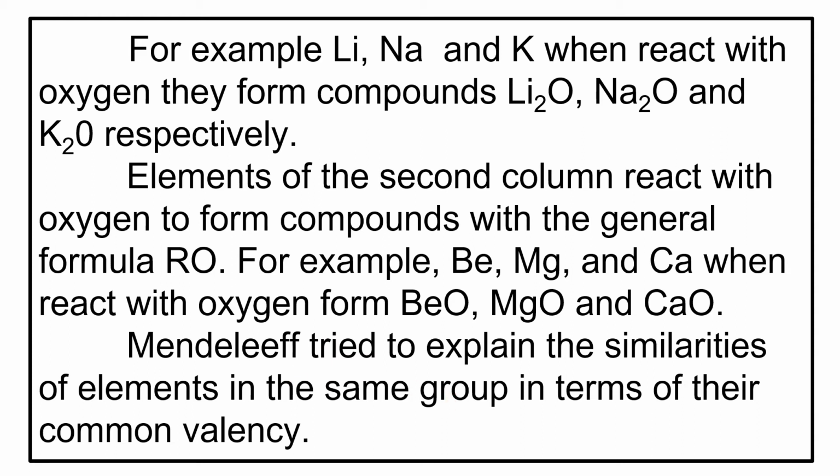This means all the elements in the same group have the common valency. The elements in the first group have valency 1. In the same way, the elements in the second group have valency 2, the elements in the third group have valency 3, and so on for the groups.